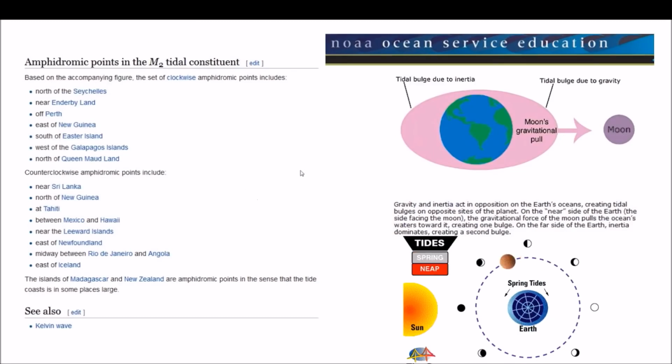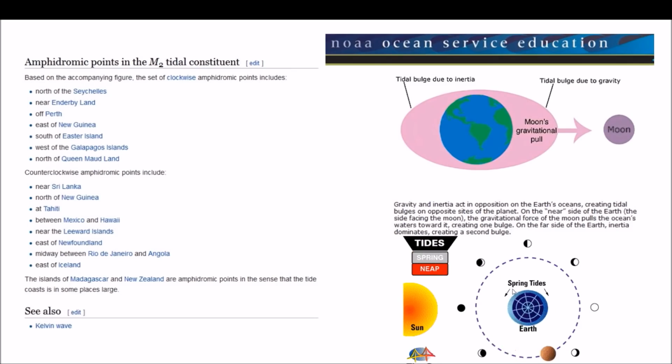This is from the Wikipedia article on tidal nodes, and it's extremely sparse. There's very, very little information about what these are and what they do. There's a line about how the moon causes them, but it's frankly laughable that people can think, after looking at tidal nodes and how tides react around tidal nodes, that the moon is doing this.